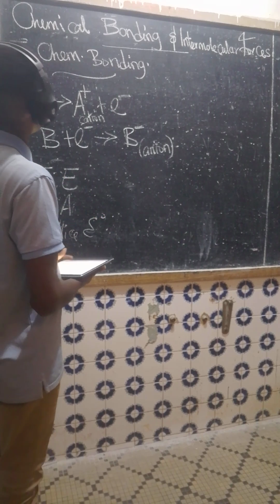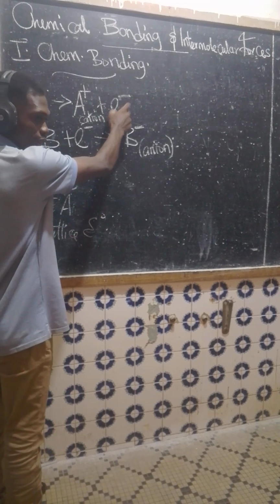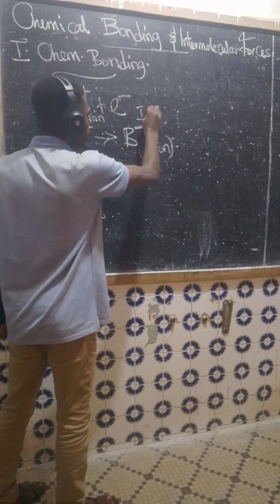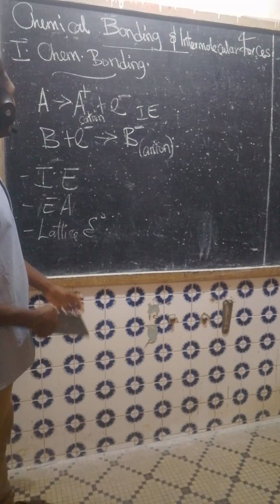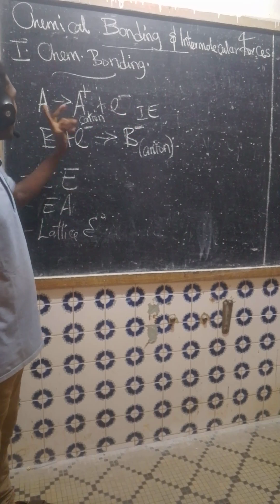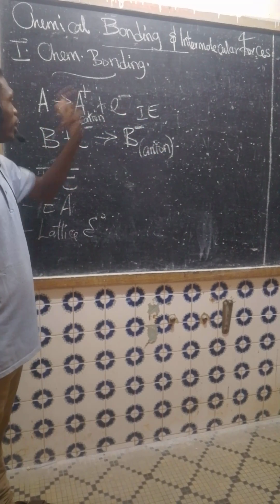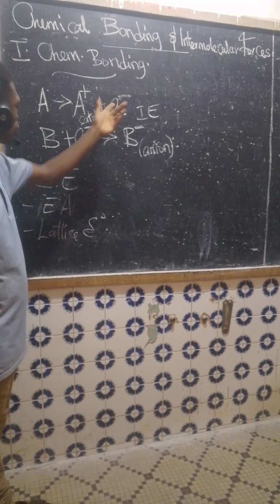What does it mean? The energy that is required to remove this electron here is the ionization energy. So an atom with a high ionization energy will need more energy to remove an electron for electron transfer to occur.